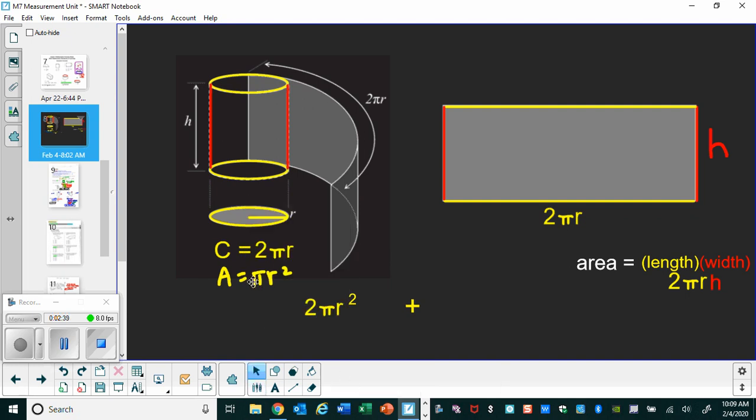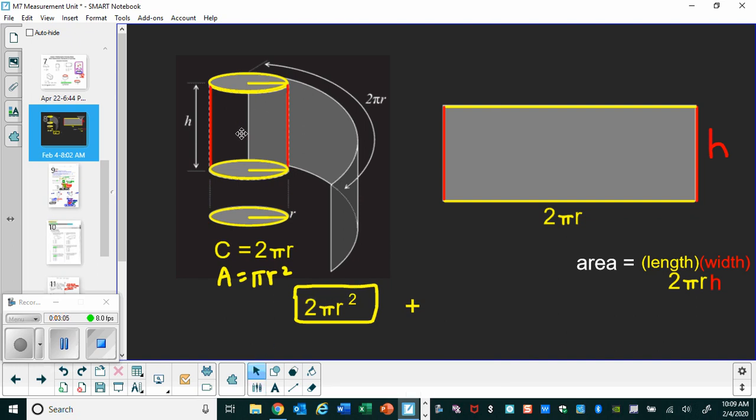So the bottom part would be pi r squared, and so I can use pi r squared to cover up the bottom of my cylinder, and I'm going to double it because I want to cover up the top and the bottom. So in the surface area formula, that's where we get the 2 pi r squared from. Pi r squared is one of my bases, and because I've got a top and a bottom, I'm doubling it, and that's why there's a 2 with the pi r squared.